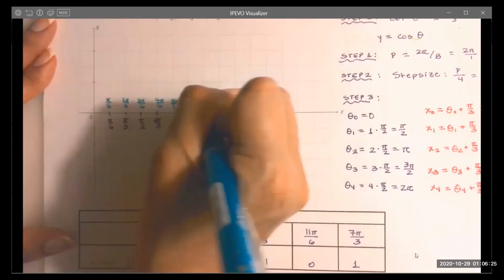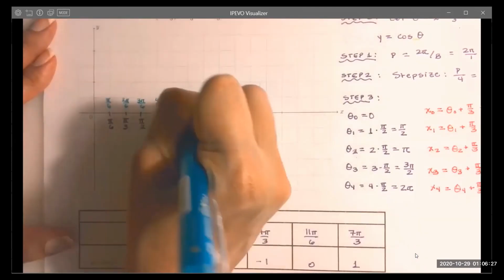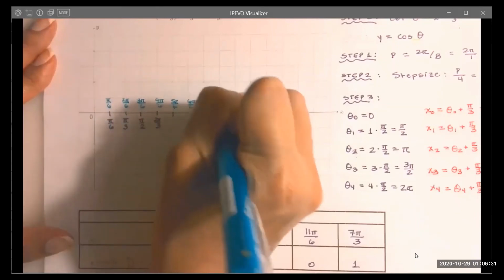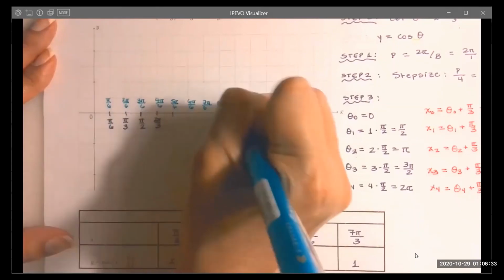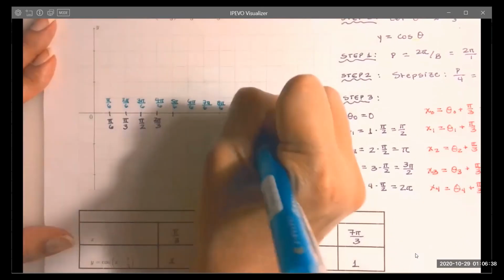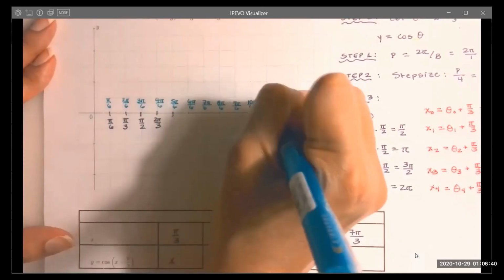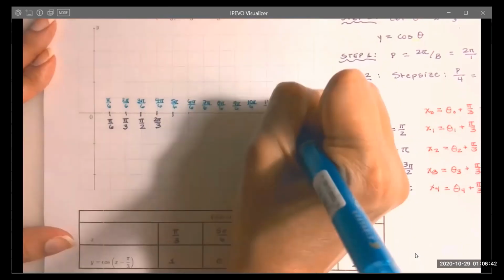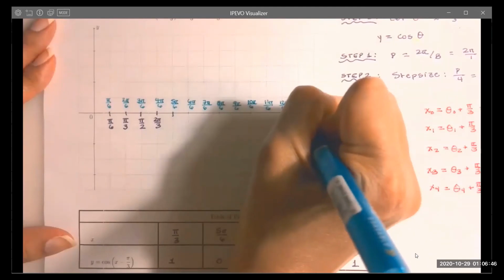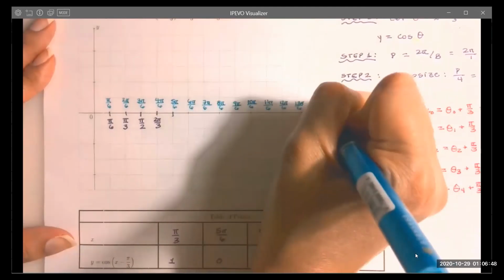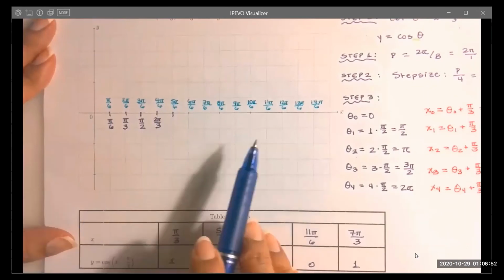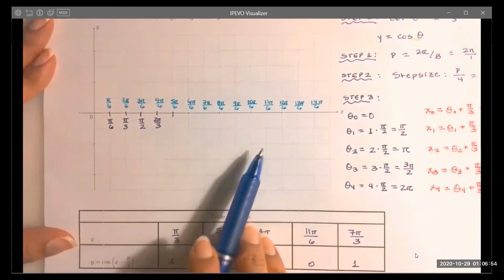It'll just continue: 5 pi over 6, 6 pi over 6, 7 pi over 6, 8 pi over 6, 9 pi over 6, 10 pi over 6, 11 pi over 6, 12 pi over 6, 13 pi over 6, and 14 pi over 6. Now, out of all of these, most of these are going to reduce.